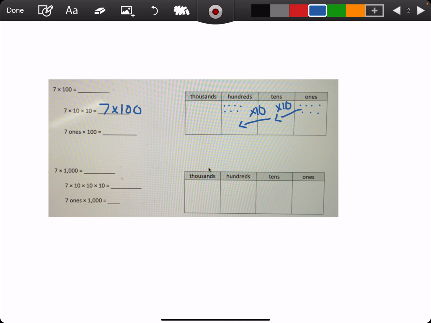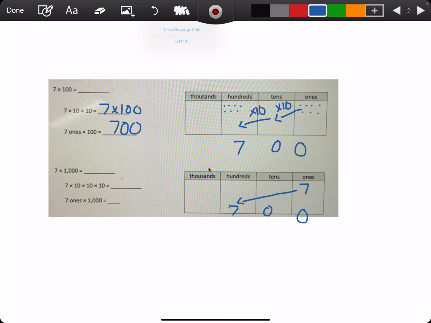So we've shifted 2 places to the left, and now we have 7 hundreds, 0 and 0. There's our 2 zeros. So 7 ones times 100 is 700. Or you could have done 7, and we shifted 2 place values to there, 700. Because an empty place value, I'm going to put a 0 in.